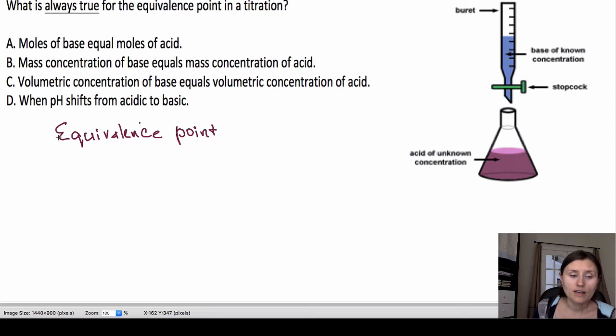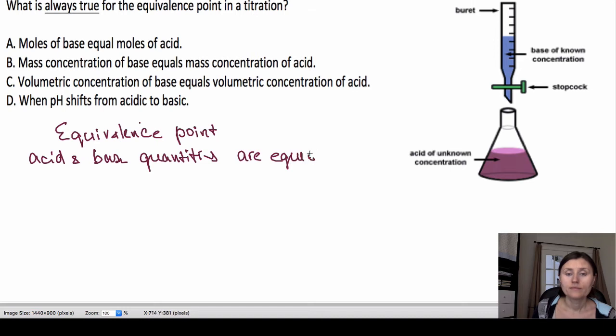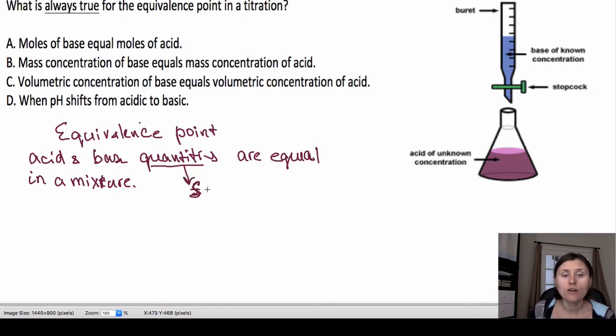Well, basically it's when the acid and base quantities are equal in a mixture, or when mixed together, and the quantities are based on stoichiometry.